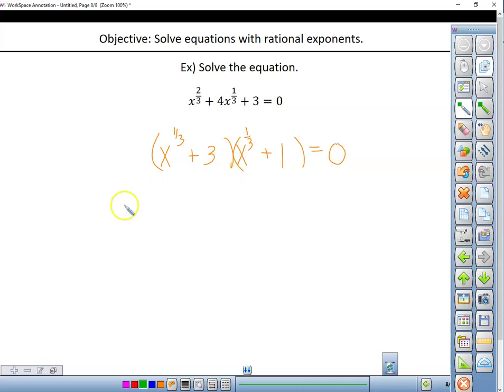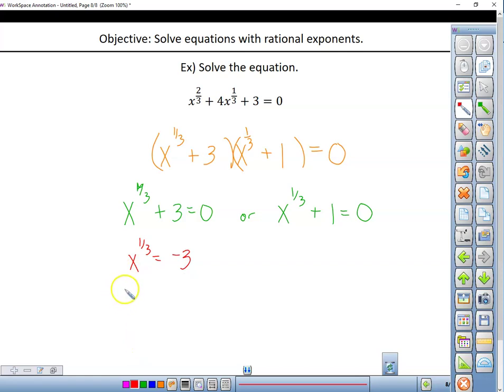So it's back to zero product property. So either x to the 1/3 plus 3 equals 0, or our x to the 1/3 plus 1 equals 0. So back over here at the left, we would undo the addition first, and that would give us x to the 1/3 equals negative 3.